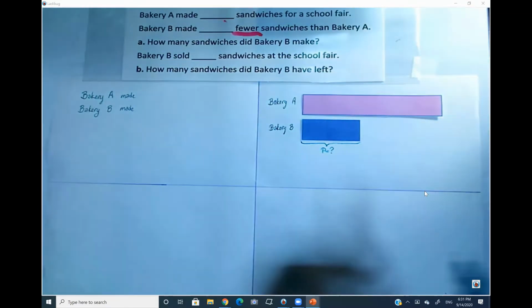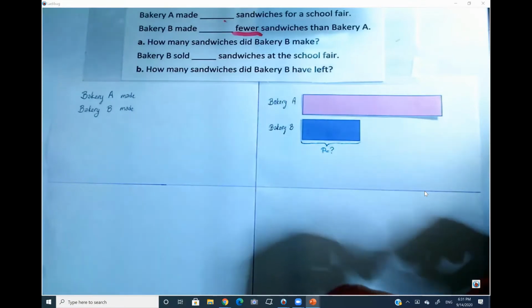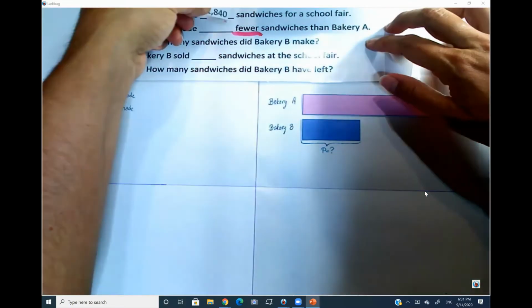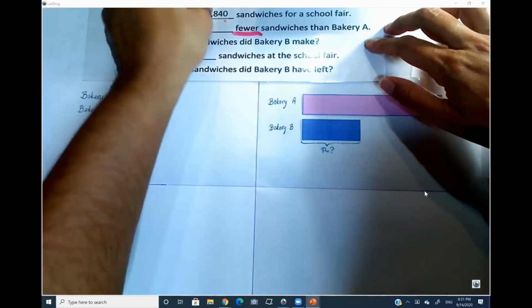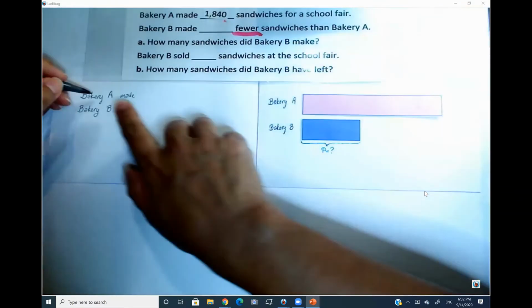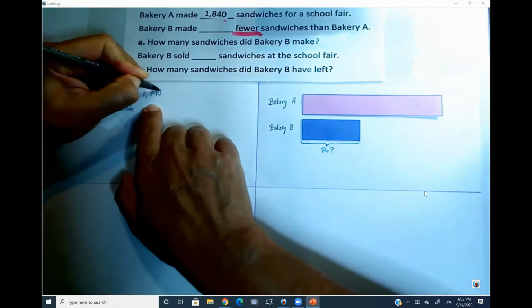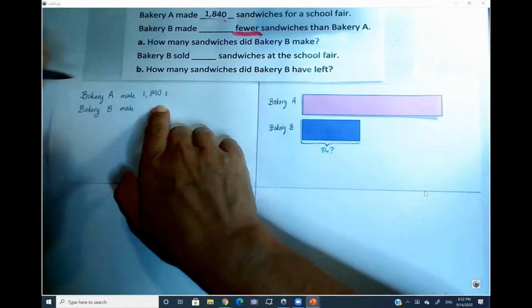So now let's add some numbers to see if we can figure out what to do. Yesterday we read that Bakery A made 1,840 sandwiches. So now I can label my bar here and I can finish it. Bakery A made 1,840 sandwiches. I'm going to put S for sandwiches.